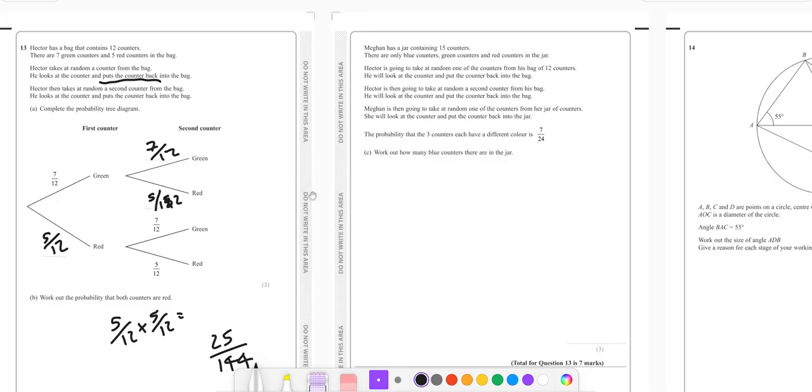She'll look at the counter and put it back into the jar. The probability the three counters have a different colour is 7 out of 24. Work out how many blue counters there are.